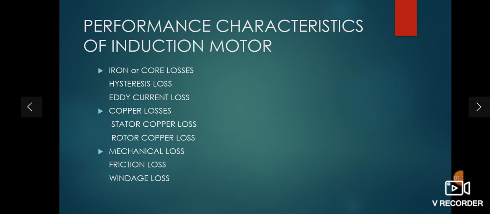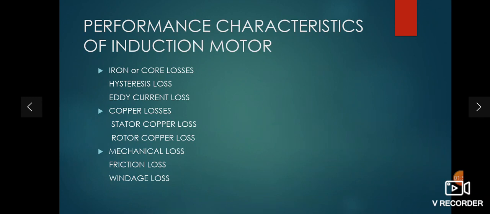So in a three-phase induction motor there are basically three types of losses, that is the iron losses, copper losses and the mechanical losses, and due to these losses the efficiency is decreased. Iron losses are split into the hysteresis losses and the eddy current losses.